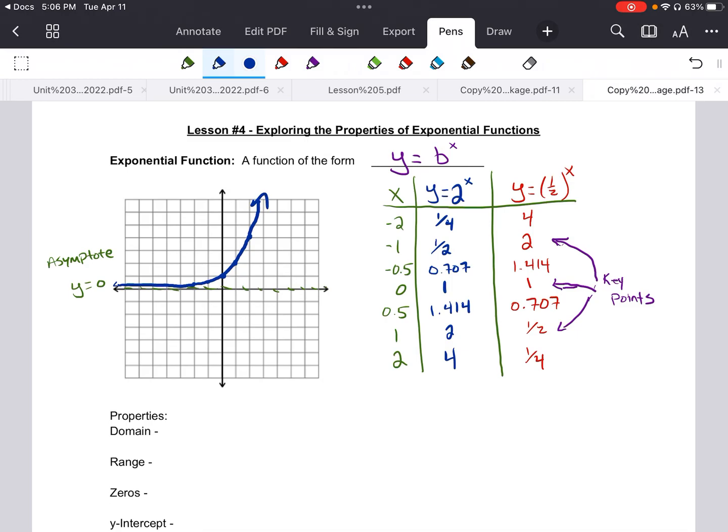This moves up and to the right as an exponential. This is called exponential growth. And the other one is just simply backwards, half, quarter, 2, and 4. So this is called exponential decay. And you can see our key points.